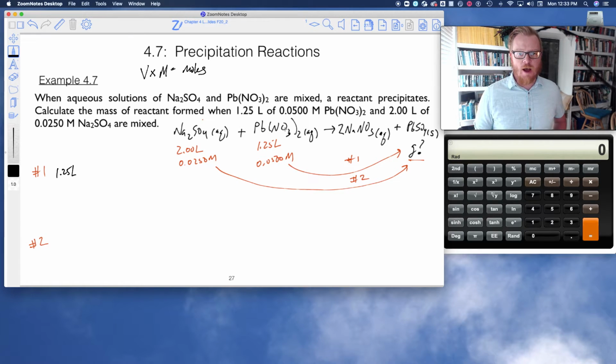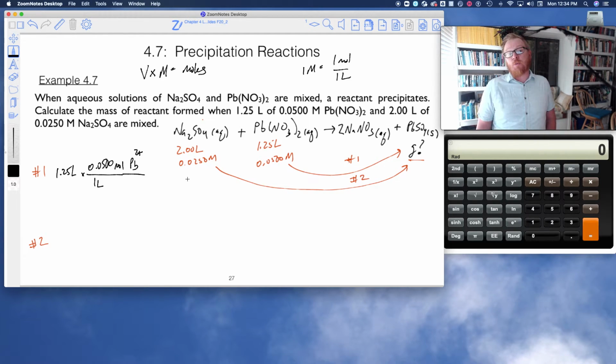Okay. So now I'm going to start by saying 1.25 liters of the lead nitrate. And remember how I can use this molarity. Remember, 1 molar means 1 mole in 1 liter. Well, I don't have 1 molar, I have 0.05 molar. And so what that means is in 1 liter of this solution, I have 0.0500 moles of lead.